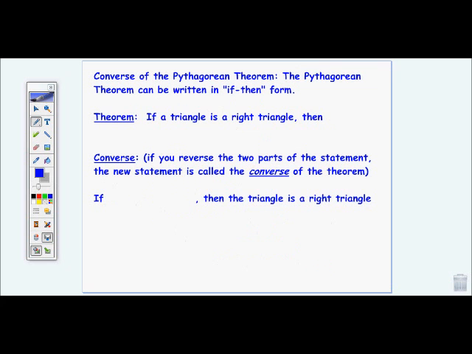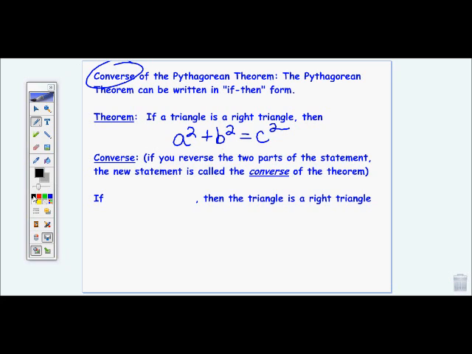And using the formula just a slightly different way is called the converse of the Pythagorean theorem. And it's kind of an if-then. So if the triangle is a right triangle, then we said A squared plus B squared equals C squared.